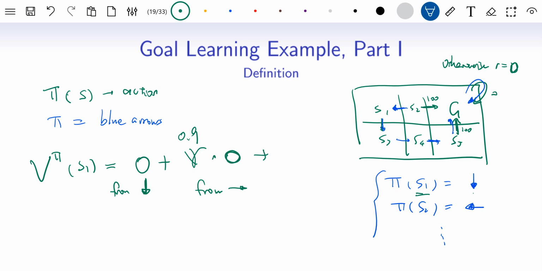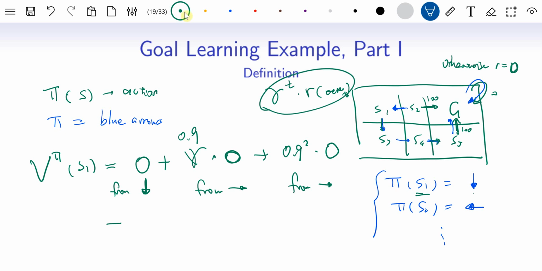And next period, from going to the right again, you get 0.9 squared times 0. So basically, in time period t, you get gamma to the power t times the reward of the actual action you take in that period t. So that's the general formula.